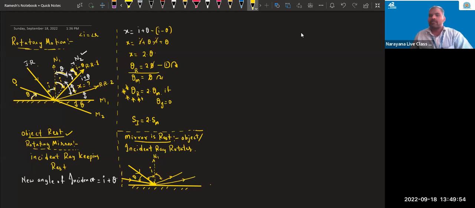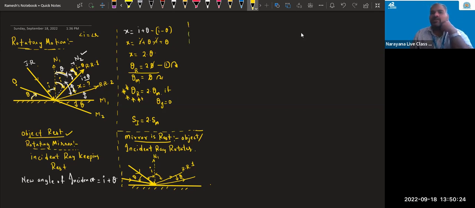According to symmetry, what is the angular displacement of this reflected ray number 1? Also theta, no? Incident ray rotated anti-clockwise by theta means reflected ray rotated clockwise by angle theta. Yesterday I explained, na? If the object is coming at 2 meter per second, the image will go at minus 2 meter per second. Same concept. Are you understanding?